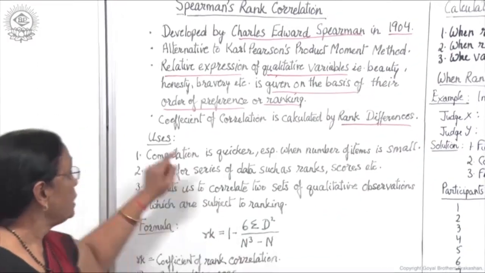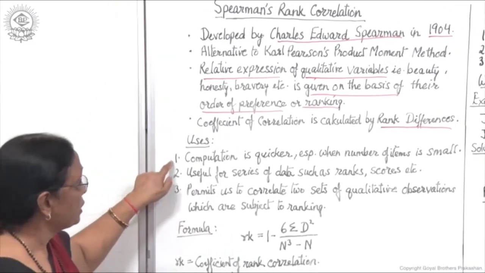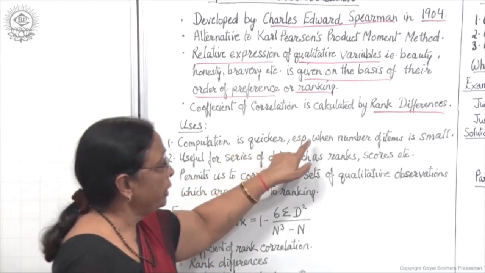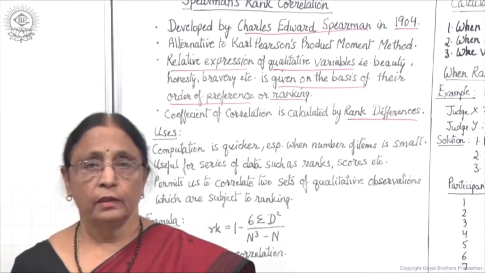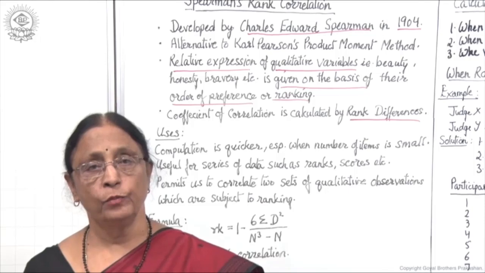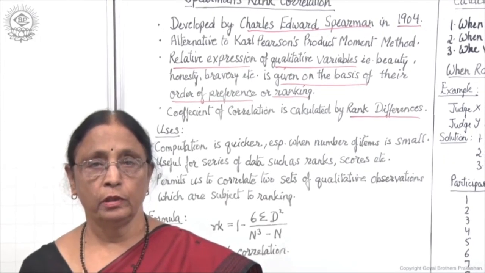Okay, now we will see what are the uses of Spearman's rank correlation. First is computation is quicker, especially when the number of items is small. Let me tell you one thing, this method is more suitable when the number of observations is small.